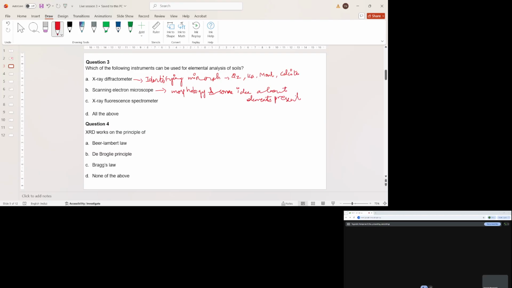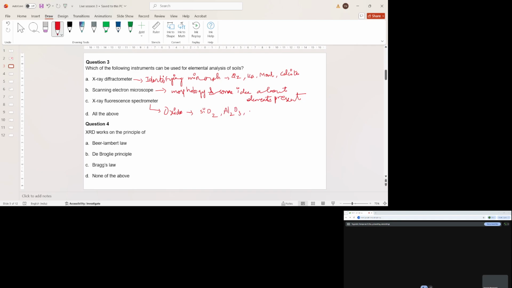So the X-ray fluorescence spectrometer gives you the breakdown of what all the oxides are. Quartz is essentially SiO2, and alumina is there, Al2O3.